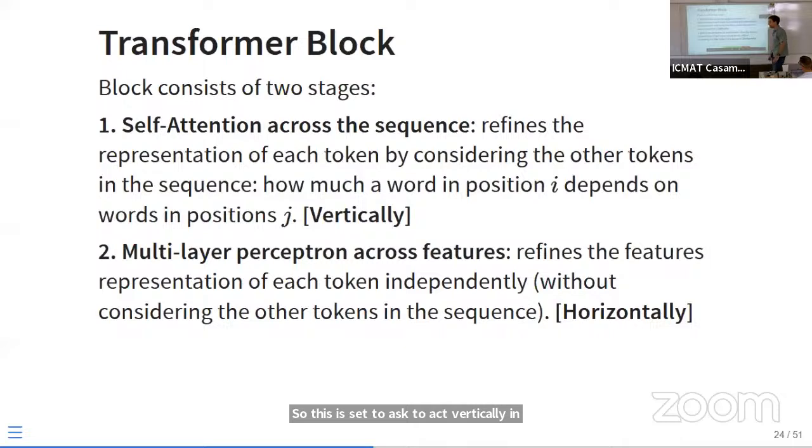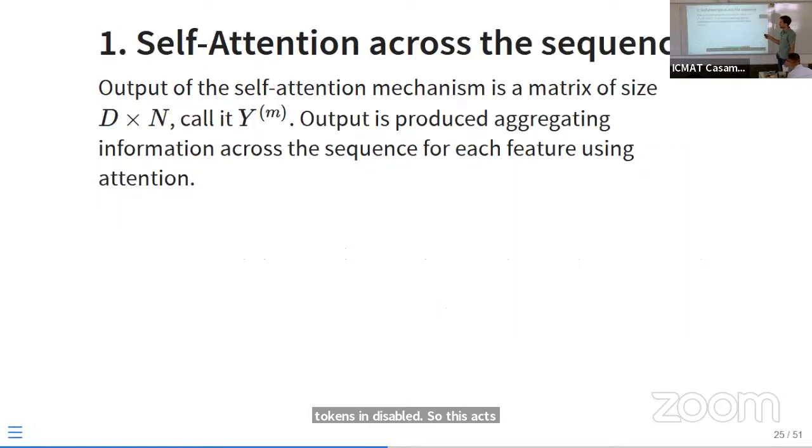And then there is a multi-layer perceptron across features, in which each feature's representation is refined independently from others, without considering the other tokens in the sequence. So this acts horizontally in this matrix. We are going to go over each of those.